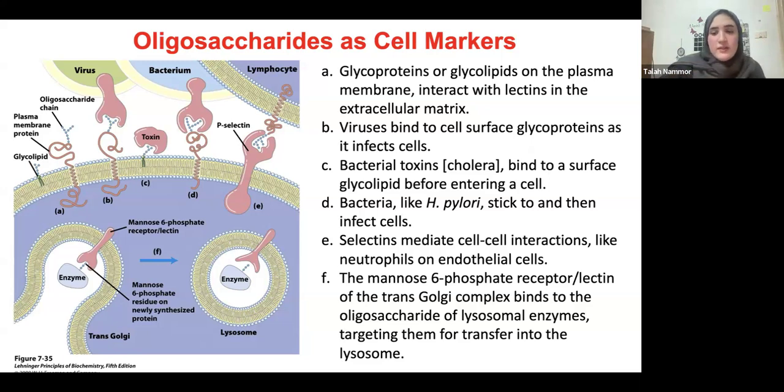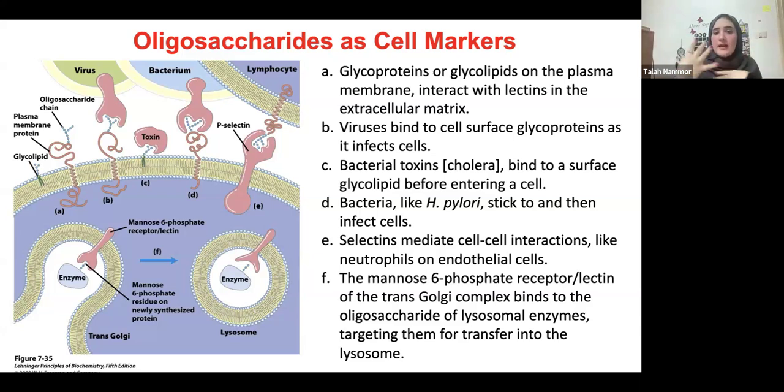But you don't really need to know this. That's why I didn't go into the details. I told you again, for the 100th time, just know that oligosaccharides are involved in cell signaling. It's a cell marker on the surface of the cell. It can help bacteria, viruses, toxins go in.